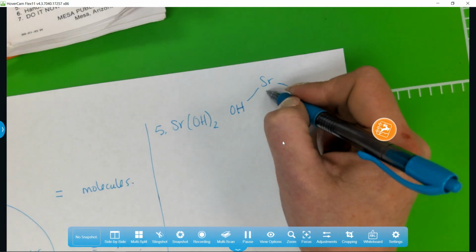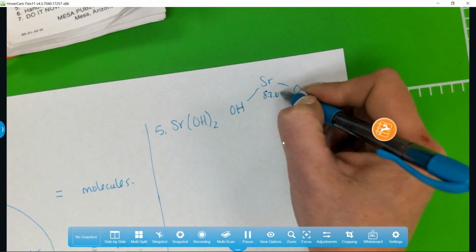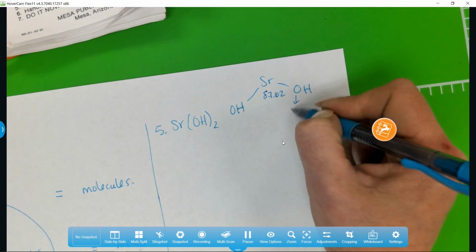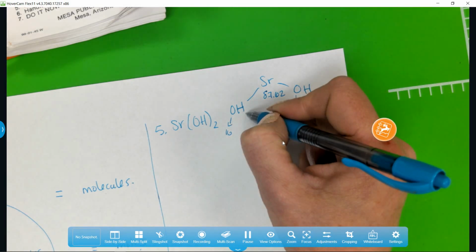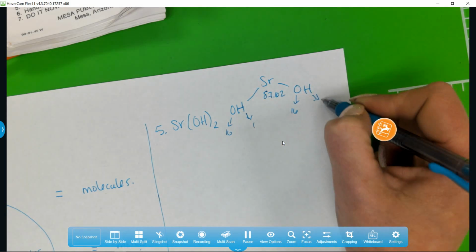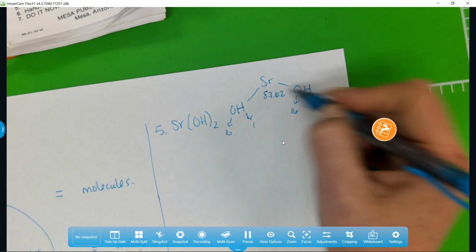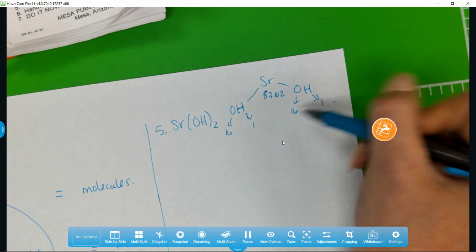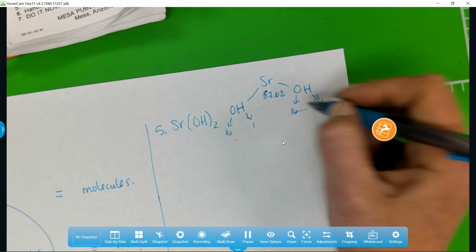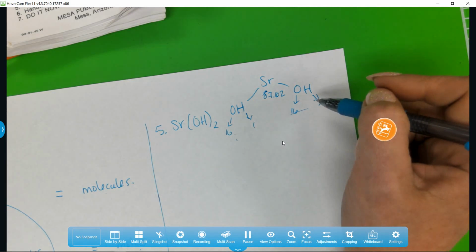So we have 87.62 for strontium, 16 again, or 15.9, 16, 1, and then you would just add all of that up. 88 plus 17 times 2, and that would be your molar mass.